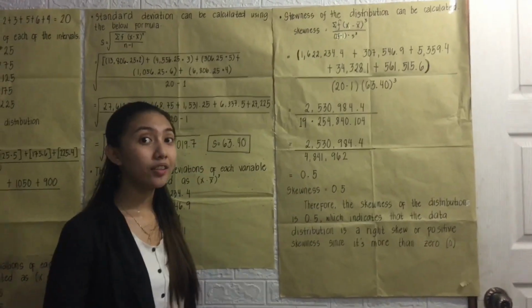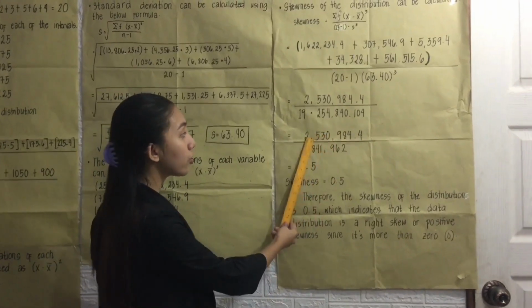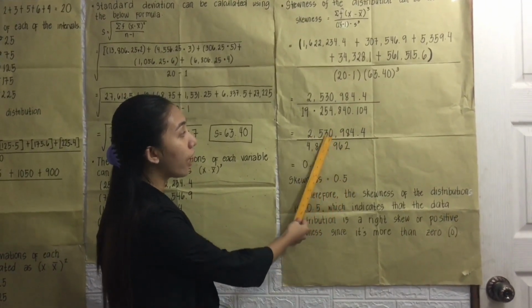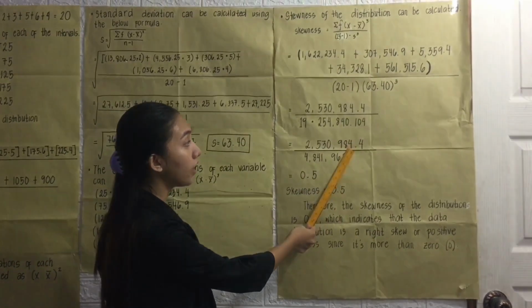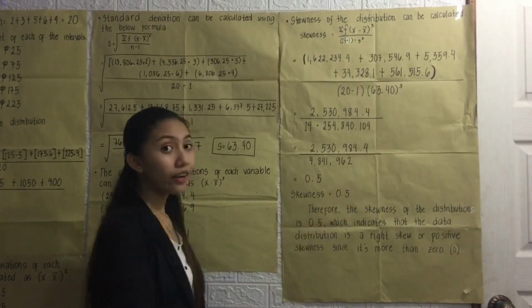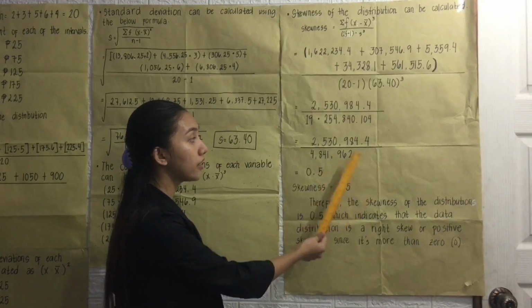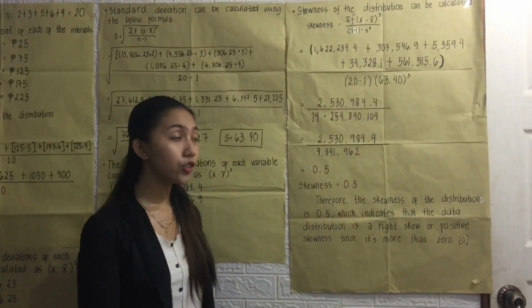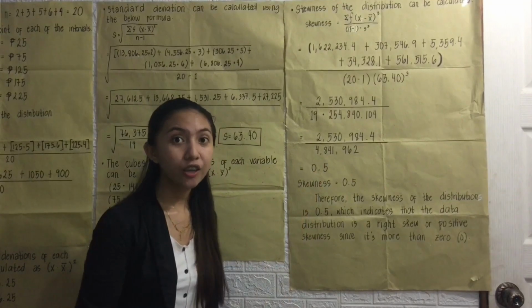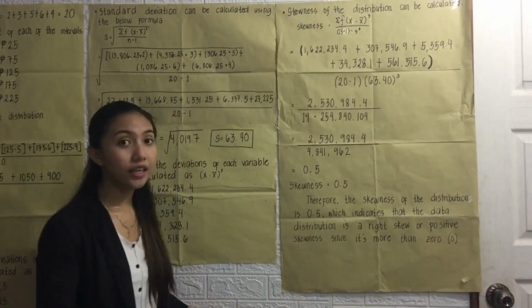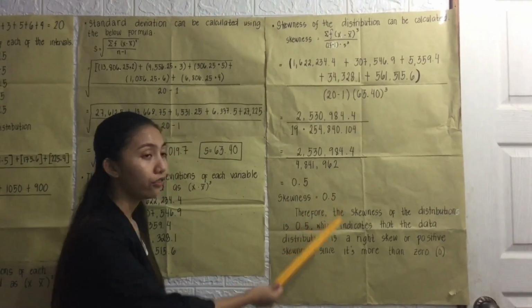So we are going to divide that: 2,530,984.4 divided by 4,841,962 is equal to 0.5. So our skewness is 0.5.